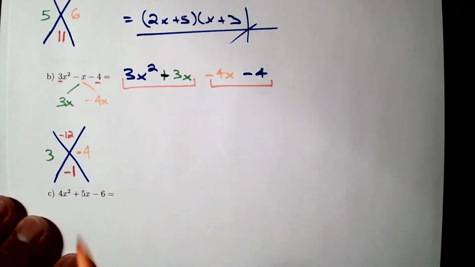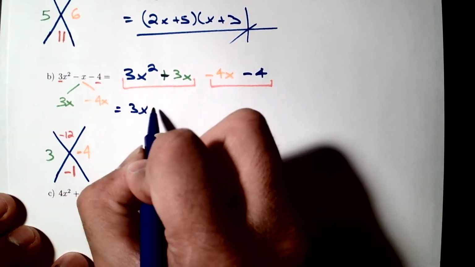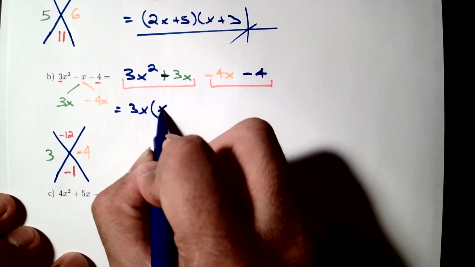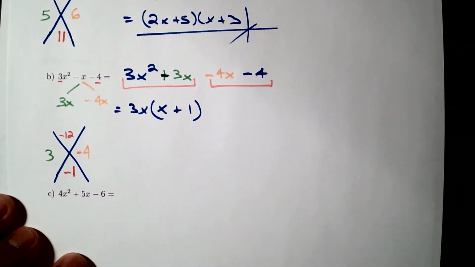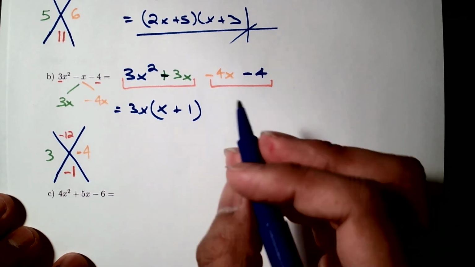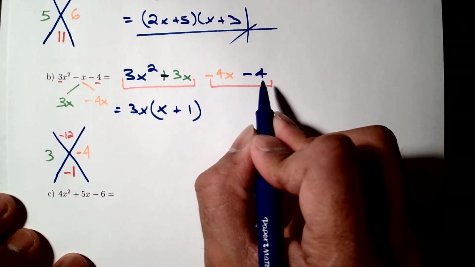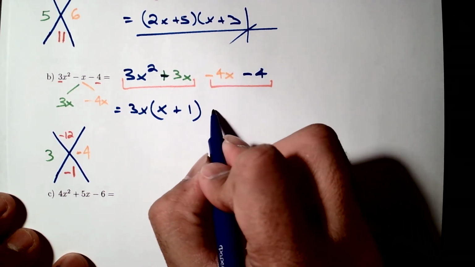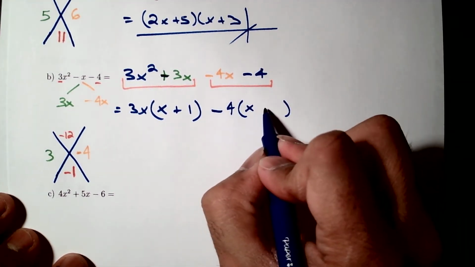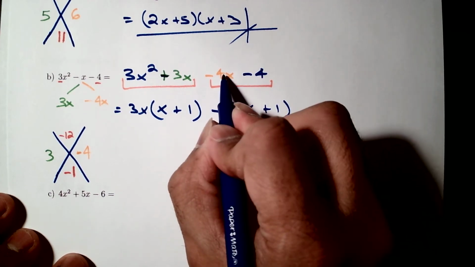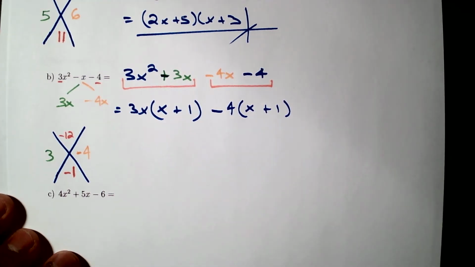Notice the GCF of the first group is 3x. So 3x times x and 3x times 1 equals back to 3x. And then negative 4x minus 4, they have in common the negative 4. And then we multiply this by x plus 1 because negative 4 times x equals negative 4x and negative 4 times 1 equals negative 4.